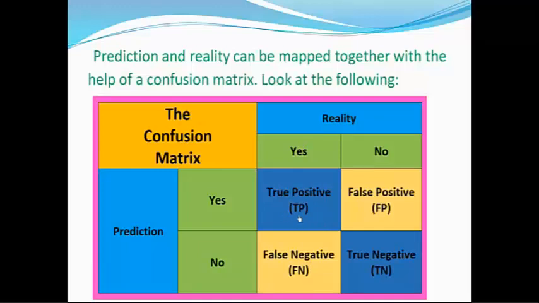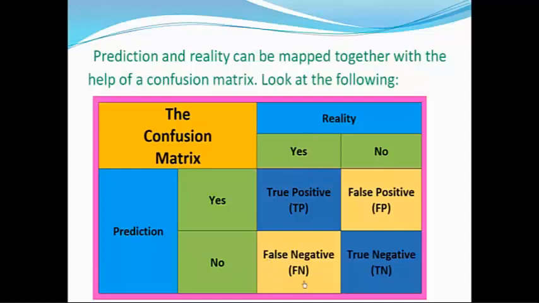Now next, when the reality is no and the prediction is yes, it is false positive. Prediction is yes, so positive, and the answers are not matching with one another, so false. So FP, false positive. Now next, when the prediction is no, so negative, and the reality is yes, the answers are not matching, so false.